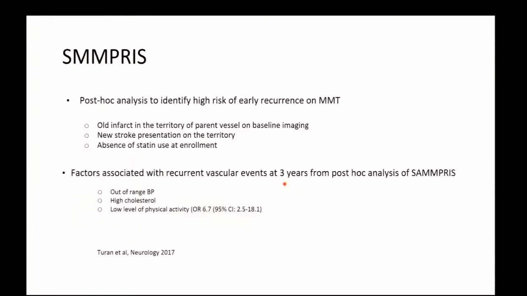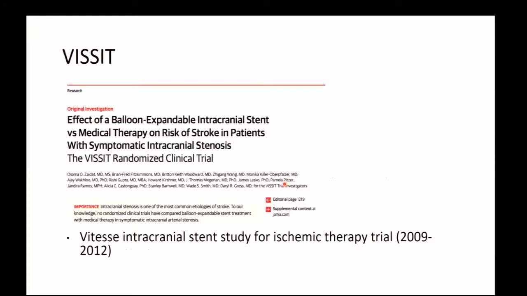Sampras was NIH-sponsored. Two years after Sampras, we had the industry-sponsored trial, the VISIT trial. The VISIT trial used a different stent, a balloon expandable stent.